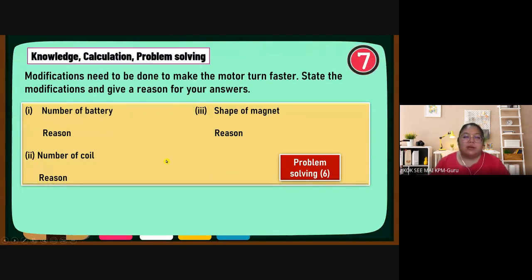Okay, now we go and see question number 7, problem solving. The modification need to be done to make a motor turn faster. 它叫你 modify。OK，一个 motor 很慢，好像你的 example 有 fan，你的风扇很慢，它 motor 旧了，它的 fan 就转很慢，所以它要你 modify and also give the reason. So the first one 还问你 number of the battery.